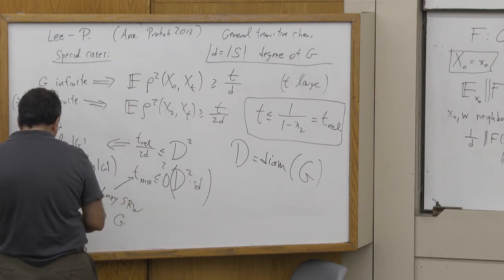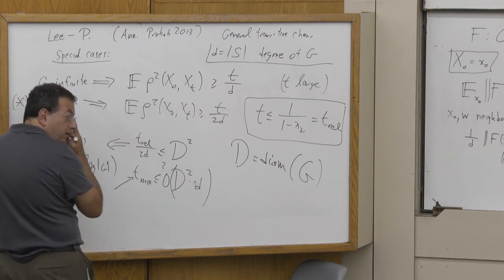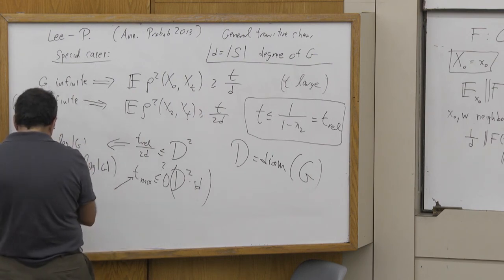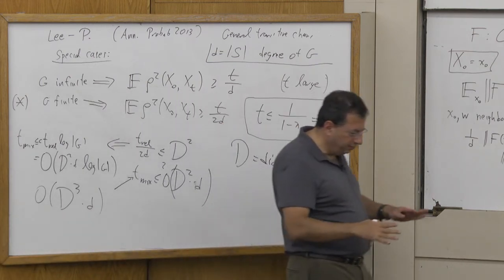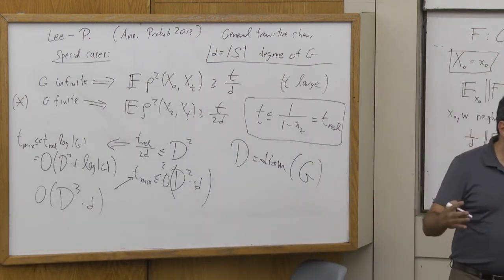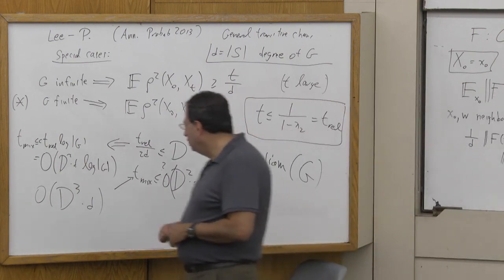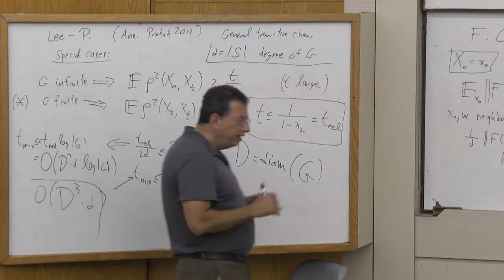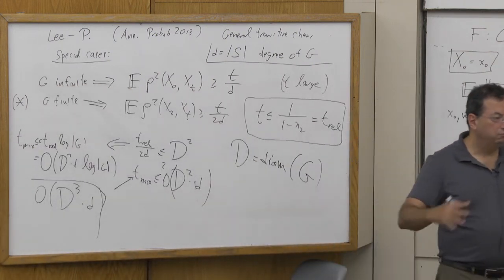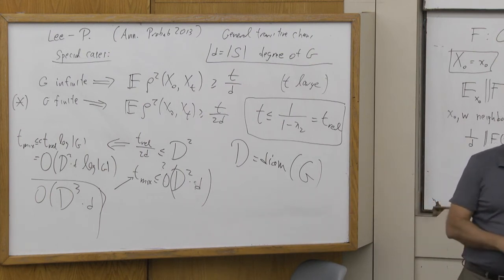In other words, if I'm thinking of the degree as a constant, then I get a bound of the diameter cubed, because at least if the degree is bounded, then the diameter is at least log |G|. Anyway, this is under a further assumption, but this is without any assumption. So we have diameter squared times degree times a log factor is true, but there's no example known where the log factor is needed.